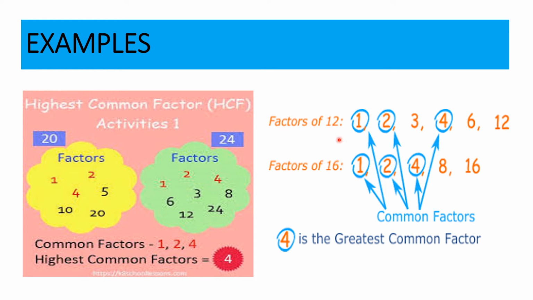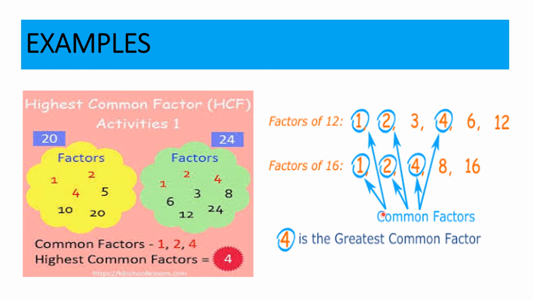Another example, highest common factor of 12 and 16. Let us see the factors of 12. The factors of 12 are 1, 2, 3, 4, 6 and 12. And factors of 16 are 1, 2, 4, 8 and 16. Now you can see by arrows the common factors.